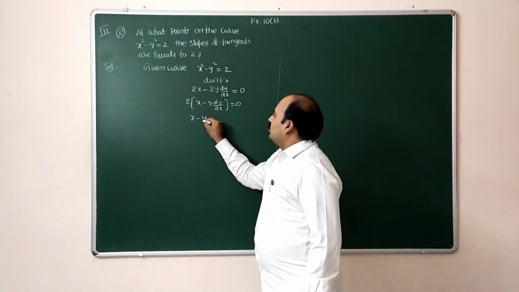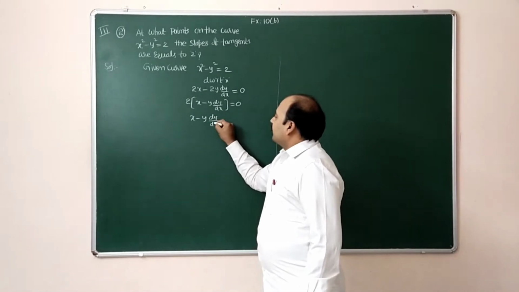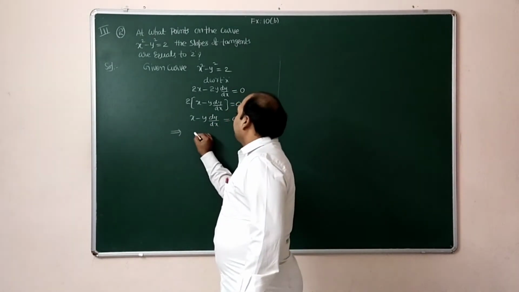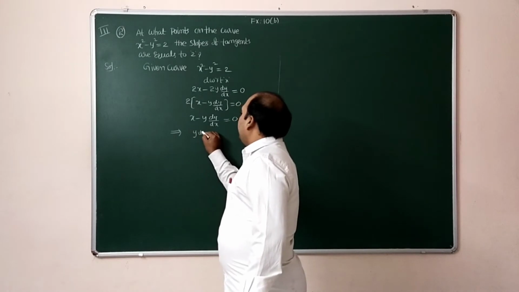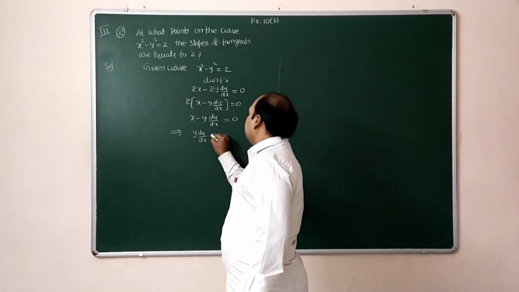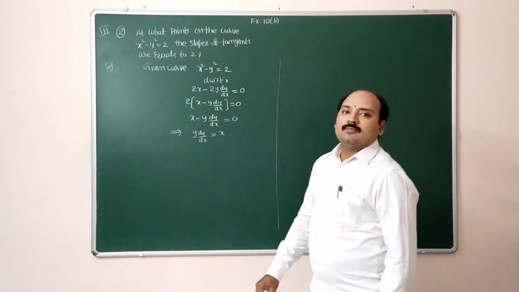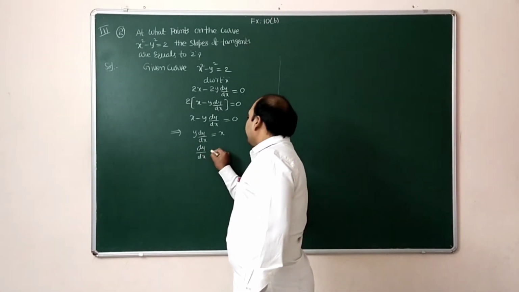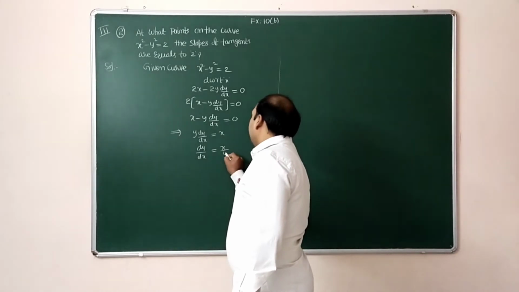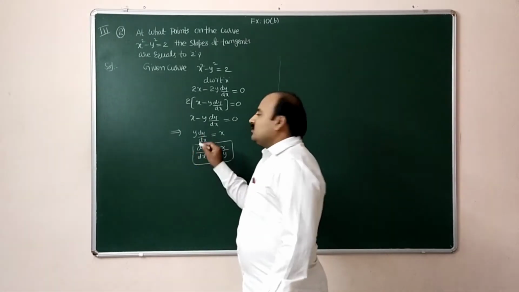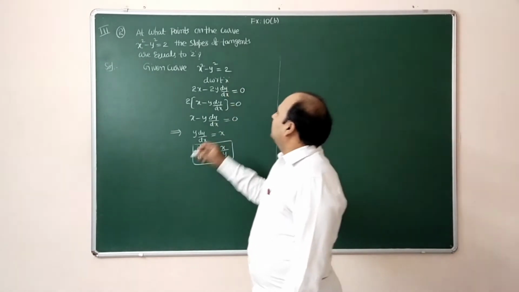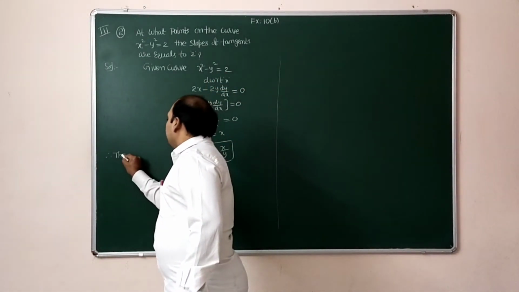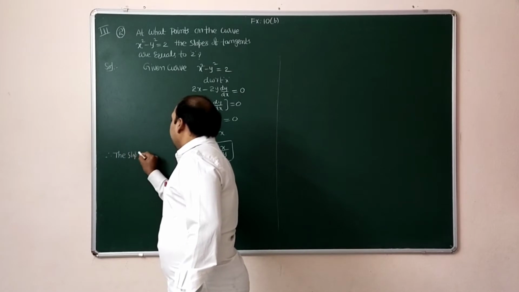Therefore x minus y dy by dx is equal to 0. So from that, y dy by dx equal to x, so dy by dx is equal to x by y. Dy by dx means what? Slope of the curve or slope of the tangent.